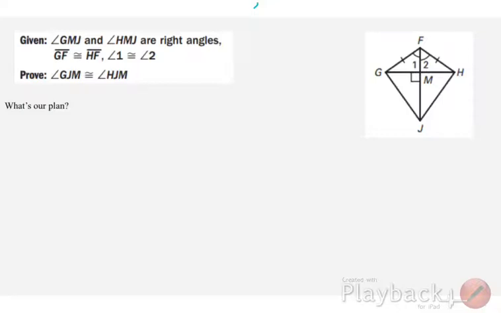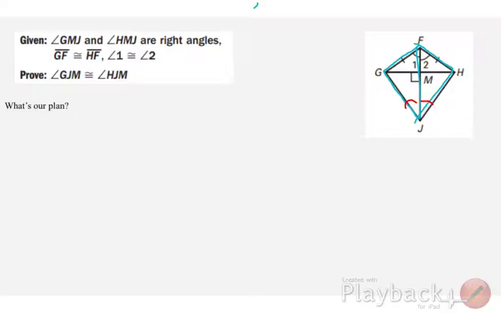So my game plan is to conclude that this triangle here is congruent to this triangle here, and if we can do that, then we know that these angles here and here are congruent because of CPCTC.